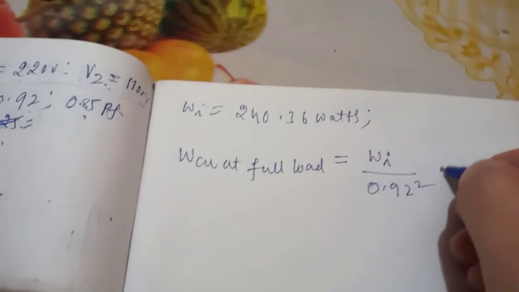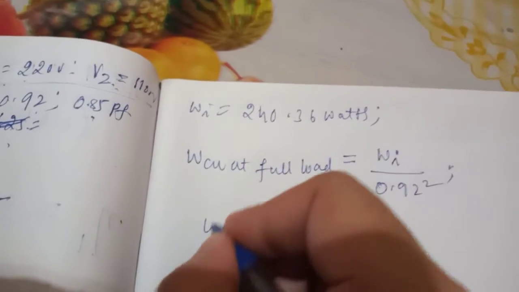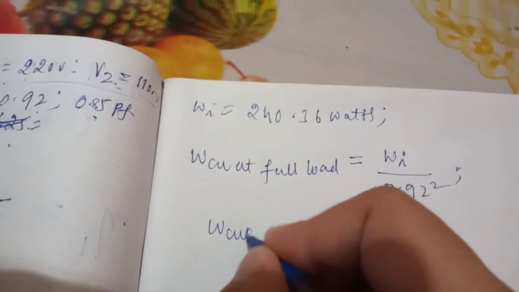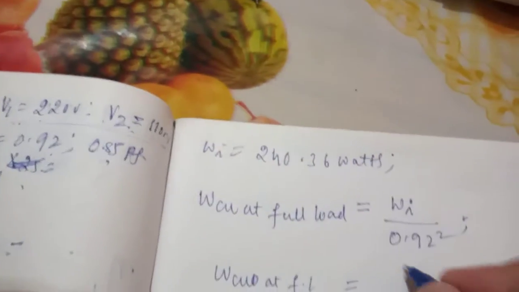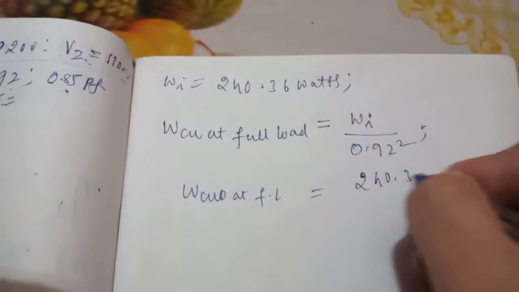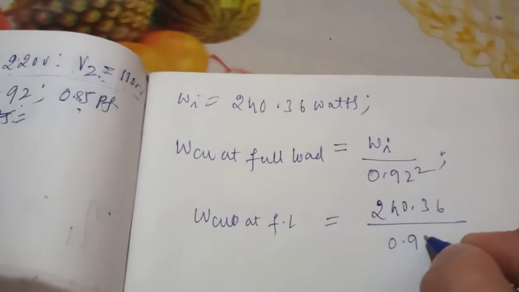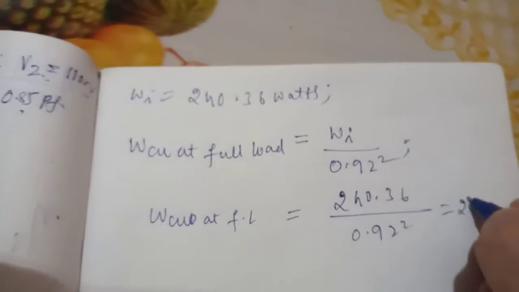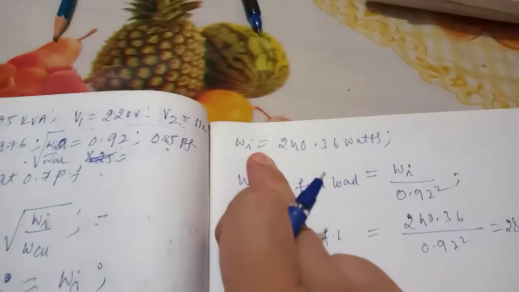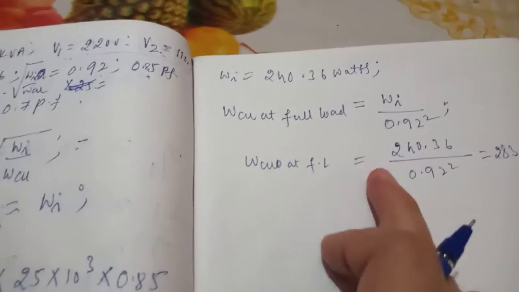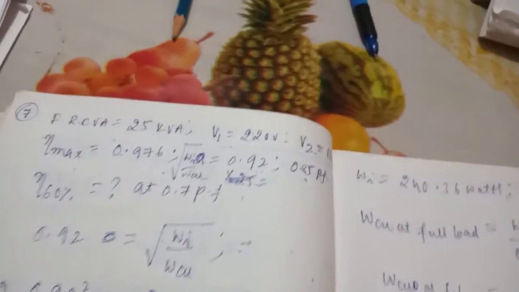What is Wi? 240.36 divided by 0.92 square. It comes around 283.98 watts. So now we have got what is core loss and copper loss at full load. Now it is easy to calculate.